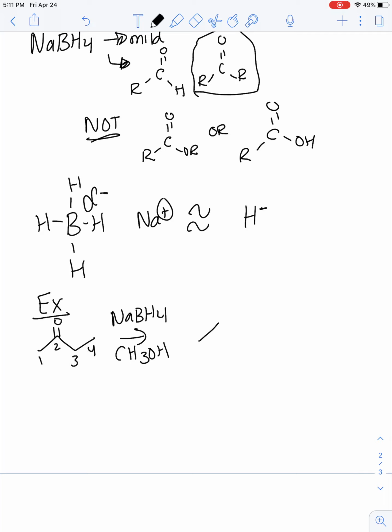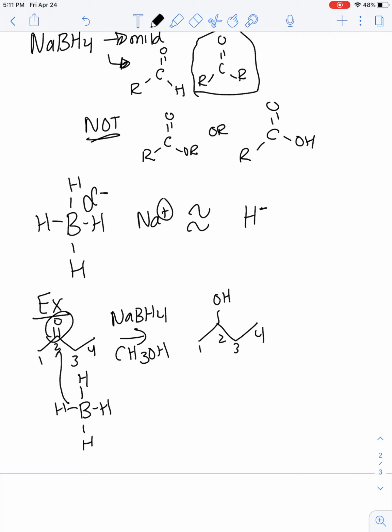So let's number our carbons, 1, 2, 3, 4. We're going to keep the same number of carbons, 1, 2, 3, 4. But this carbonyl group on carbon 2 is now going to be turned into an alcohol. I'll show you what's happening here, just in case the mechanism helps you, but you wouldn't be asked to show the mechanism.